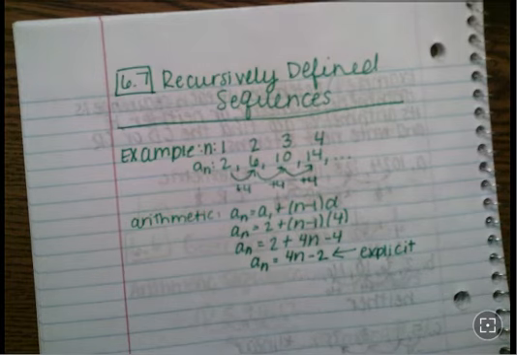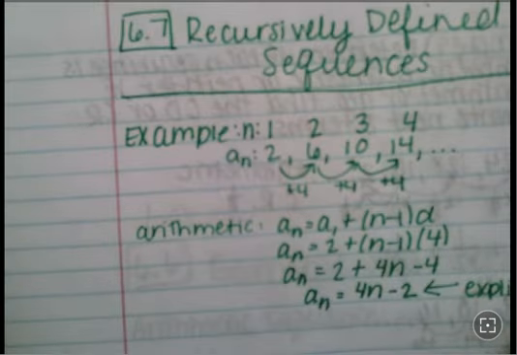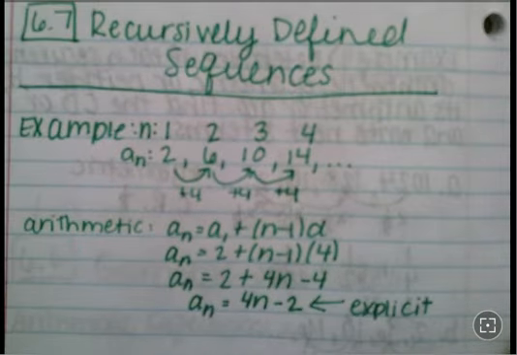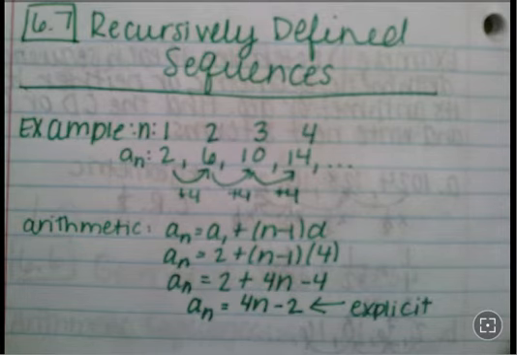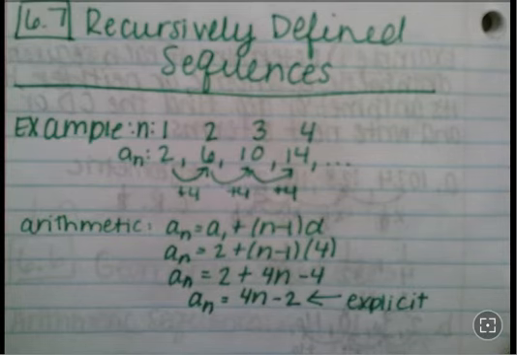You actually think of these n as your x's, like 1, 2, 3, 4, and your y values are the actual value of the term. That's really important because the notation we're going to use today requires you to understand what n is versus a sub n. So n is the position, a sub n is the value.